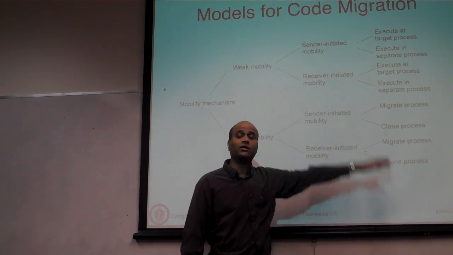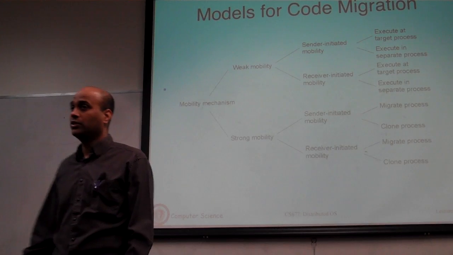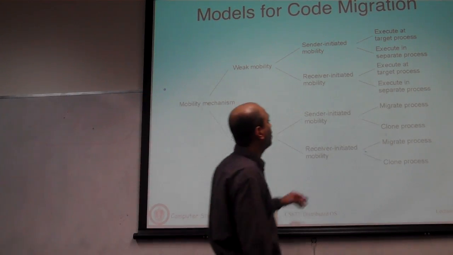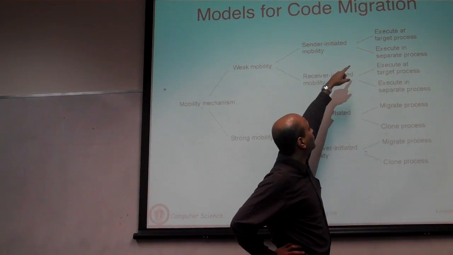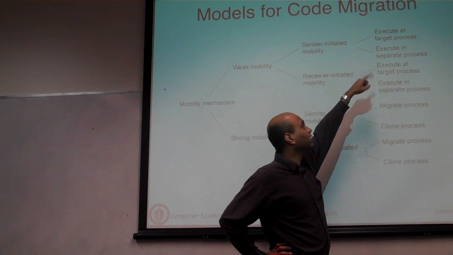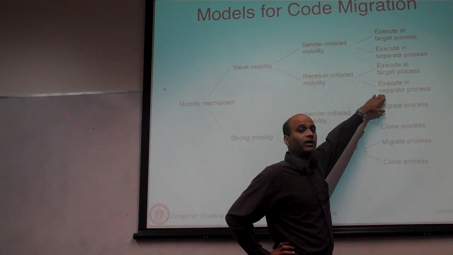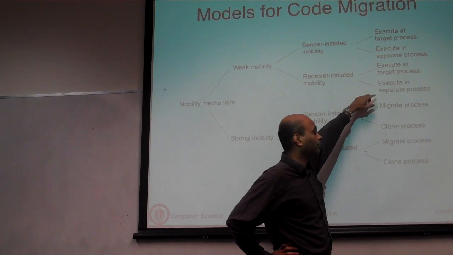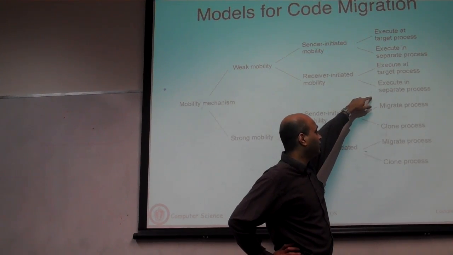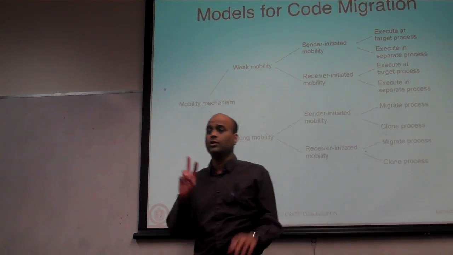The third dimension is where the migrated code executes, or how it migrates. You can migrate and execute it in the target process or in the process that initiated it. So these are sort of the two dimensions.